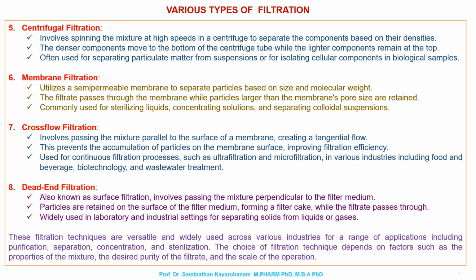Membrane filtration utilizes a semipermeable membrane to separate particles based on size and molecular weight. The filtrate passes through the membrane while particles larger than the membrane's pore size are retained. Commonly used for sterilizing liquids, concentrating solutions, and separating colloidal suspensions.